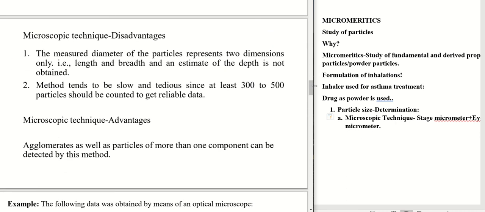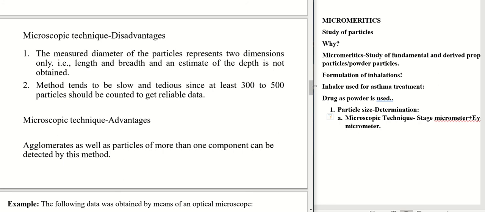Now let us see the disadvantages and advantages. Disadvantages: it is quite evident that this process is very slow and very tedious. We need to count at least 300 to 500 particles to get precise data, to get the average data. And in this method we will be able to measure the length and the diameter.